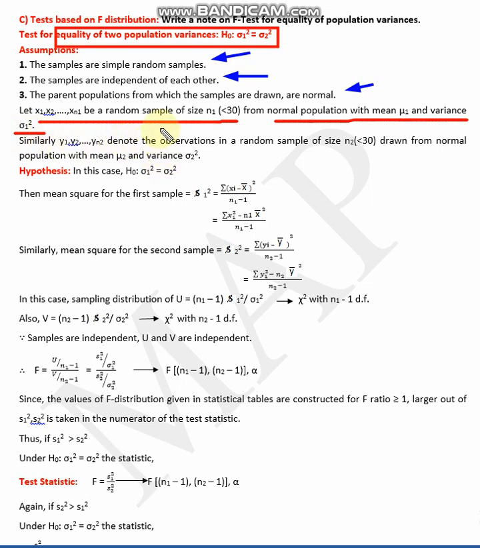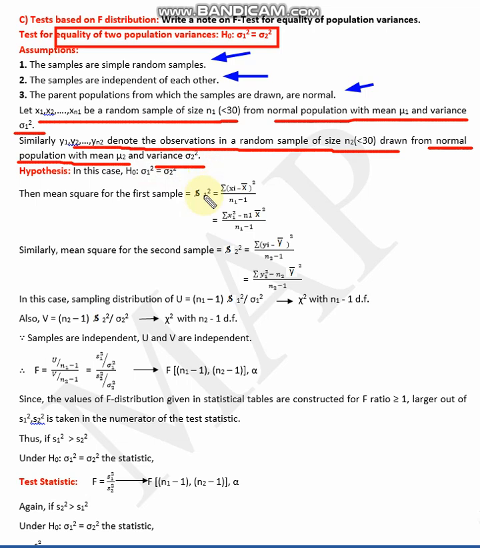This is my sample number 1, which I have denoted by x. There is one more sample, y1, y2 up to yn2. These are the observations of a random sample of size n2 from the normal population with mean mu2 and variance sigma 2 square.